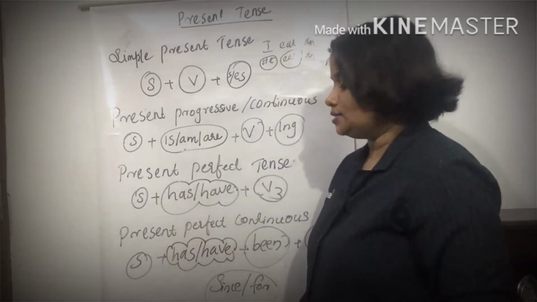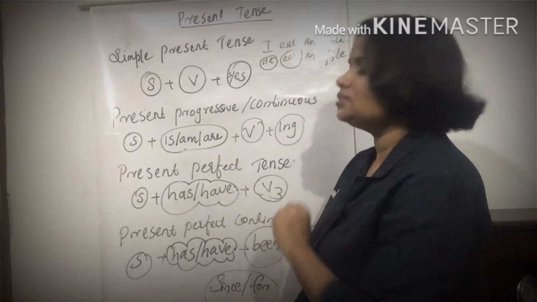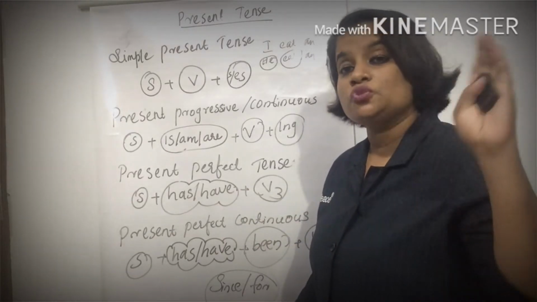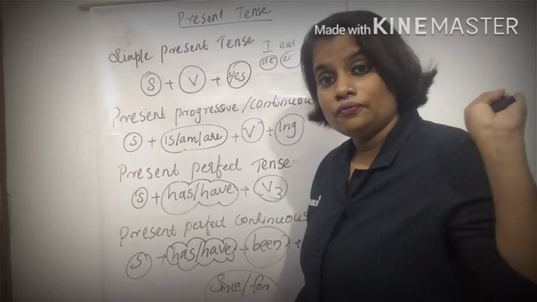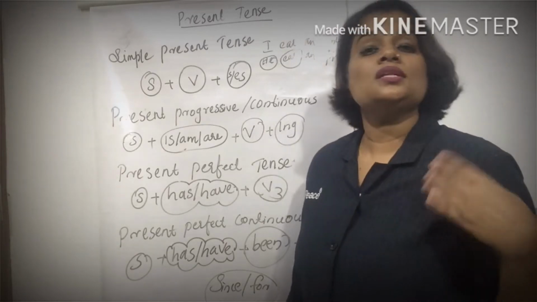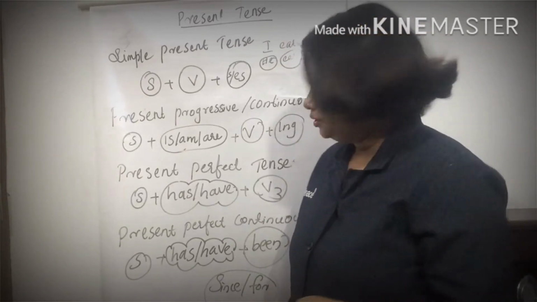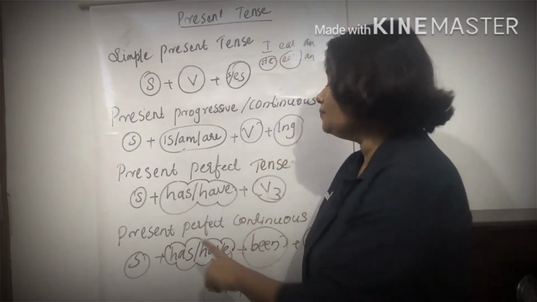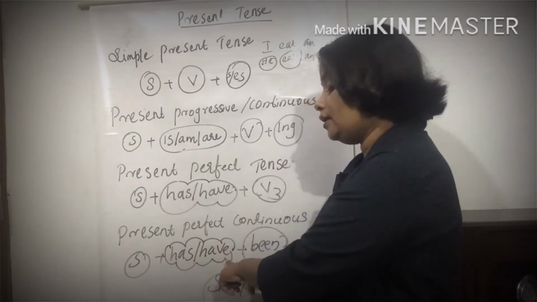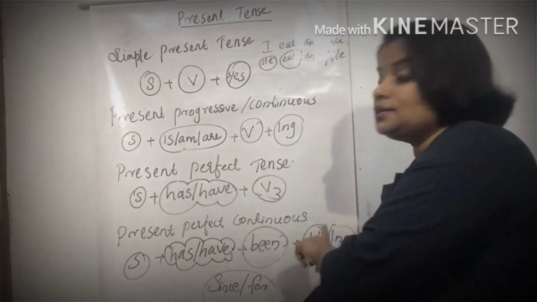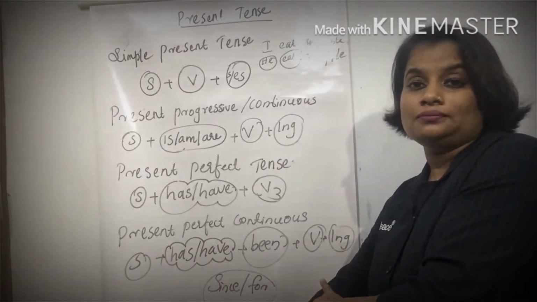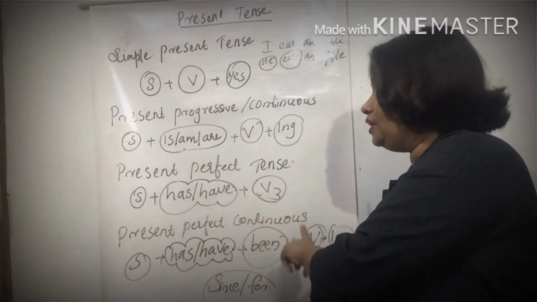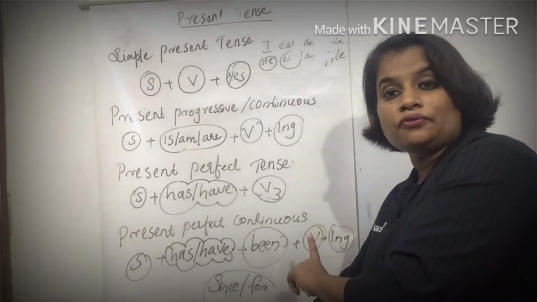The last one is the present perfect continuous tense. The action which started or began in the past is still continuing. So the present perfect continuous structure is subject plus has or have plus been plus the ing form of the verb.